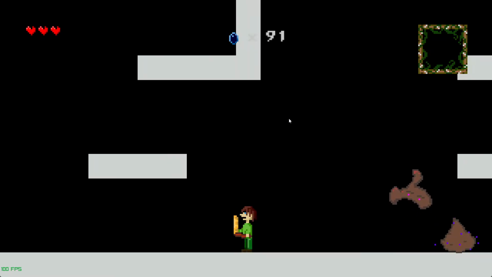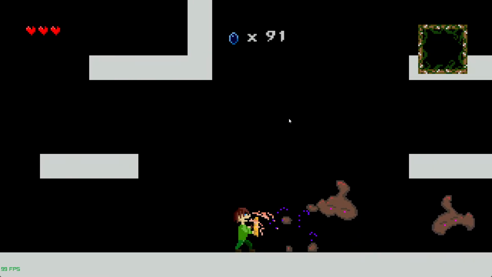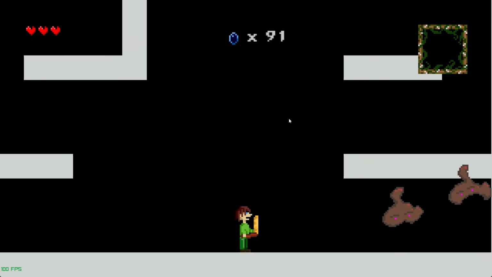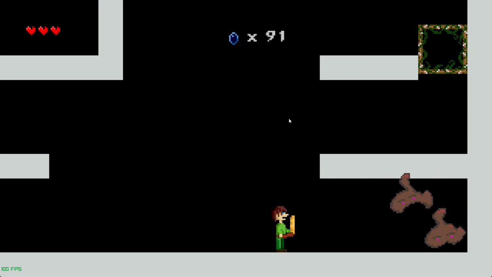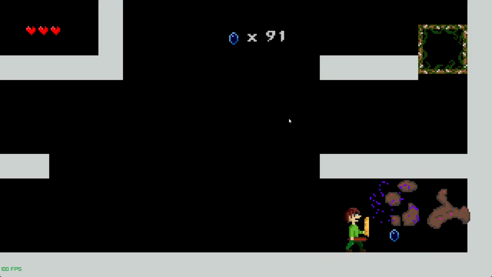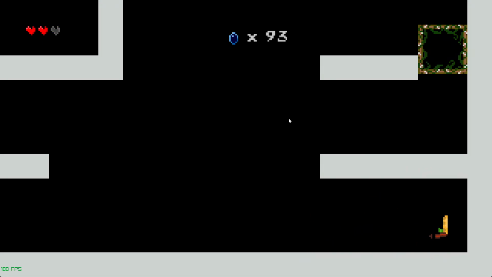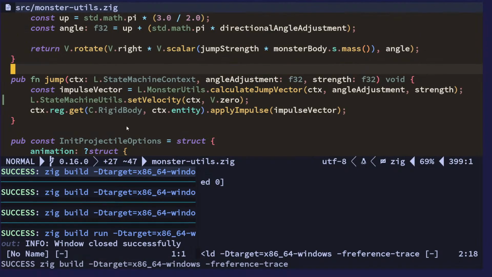There we still get this super. It's like if you time it right, there's some physics happening there. I think the knockback should also have the same. It should reset the velocity, I think.